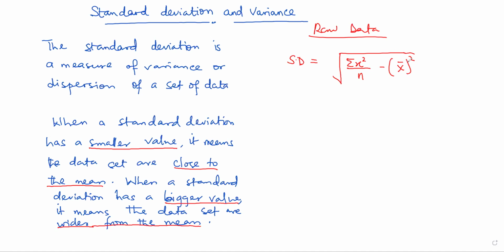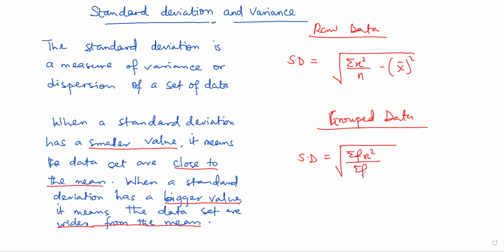And when it comes to grouped data, the standard deviation is the square root of summation of fx squared over summation of f minus summation of fx over summation of f, all squared.